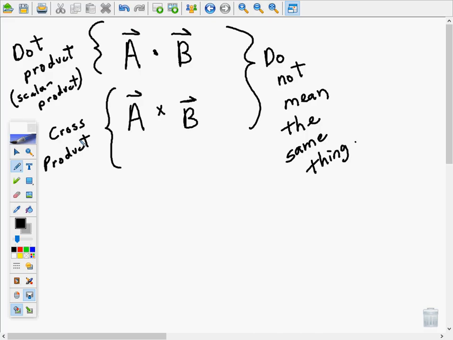In other words, your answer has direction, and the direction of the answer is perpendicular to both vector A and vector B. So for now, all you need to know, when you do a cross product, the answer you get is a vector quantity. It has direction. Therefore, another name for the cross product, it's also known as a vector product.